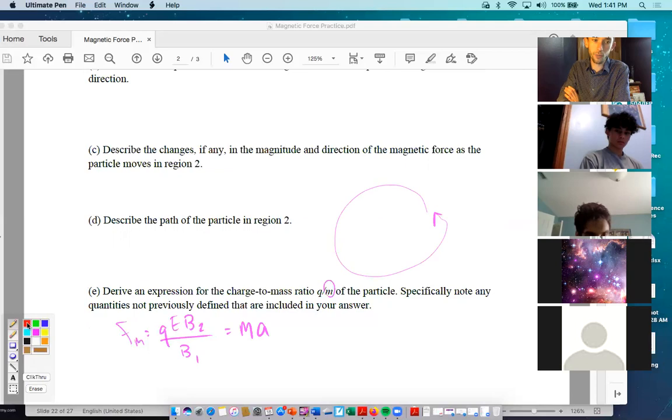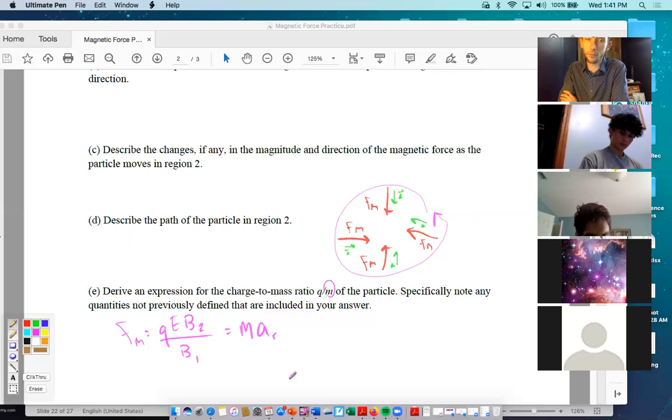The force we just proved is always going to be pointing into the center of the path, and that's the only force acting. So therefore, I also will always have an acceleration pointing in that same direction. And an acceleration that points towards the center of the circular path is called a radial acceleration, or a centripetal acceleration. So I could call this radial or centripetal acceleration.